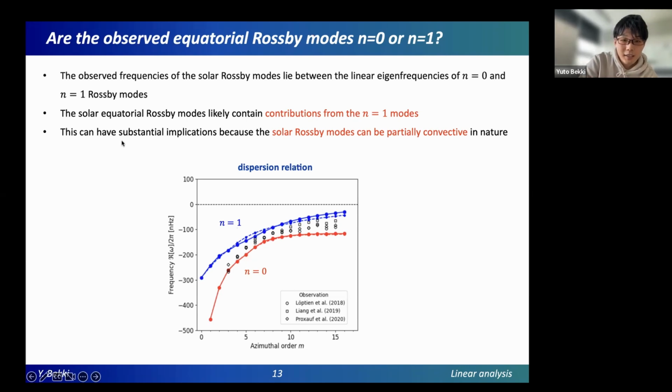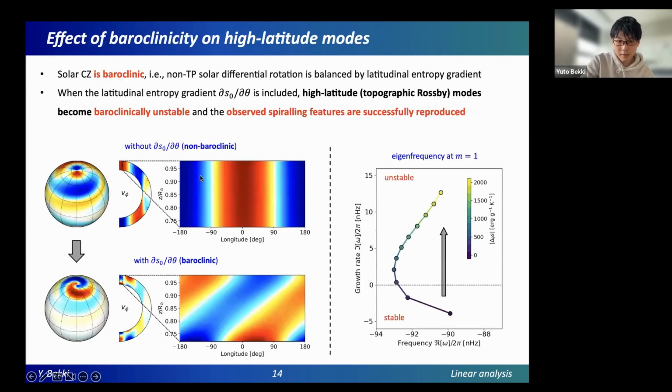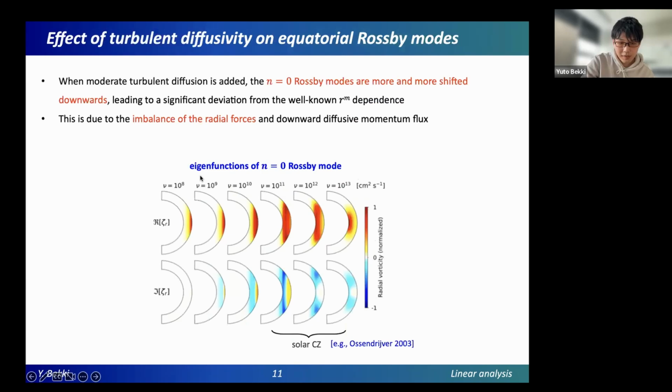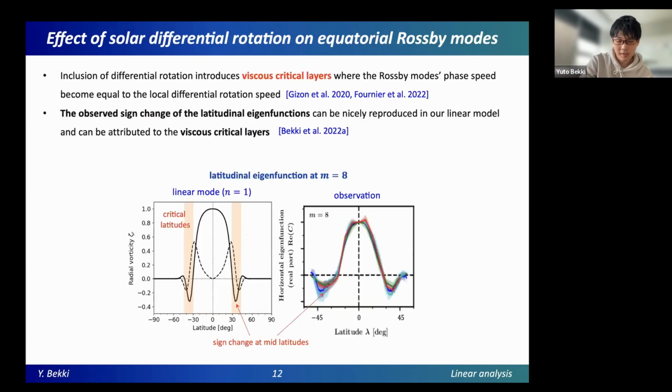There's a question about the turbulent viscosity and diffusivity, so we don't know. By realistic, I mean I used the value of 10 to the 12 square centimeters per second, which is the value typically expected from the mixing length theory.